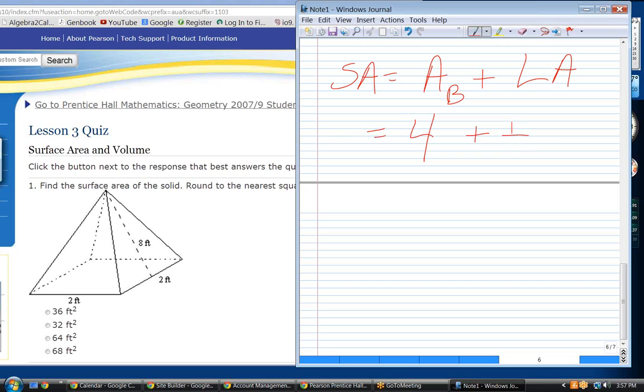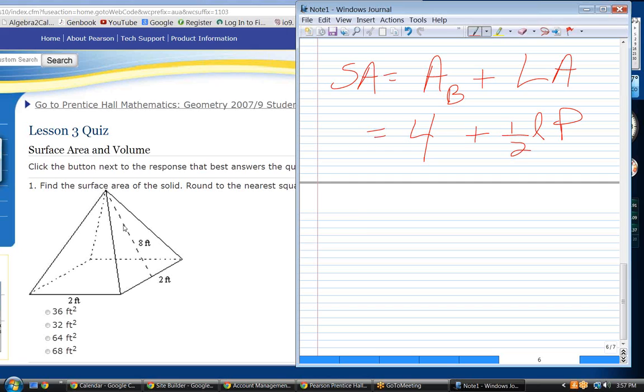It's 1/2 times the slant height, times the perimeter. Notice that the slant height is not the edge of the pyramid height.